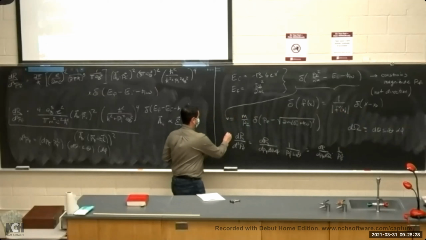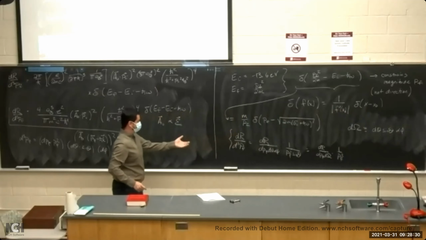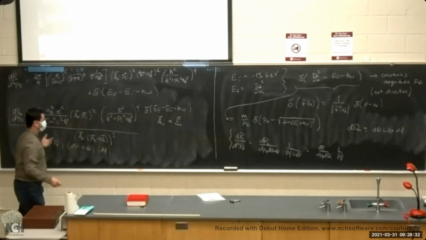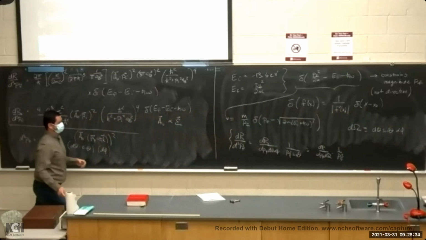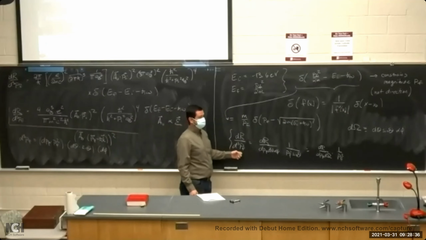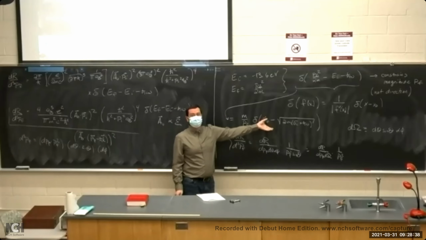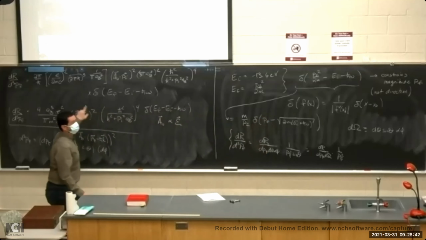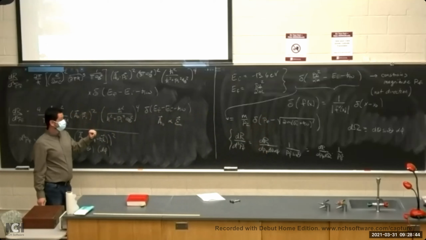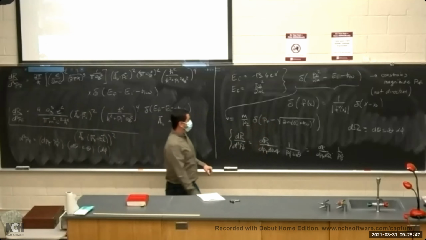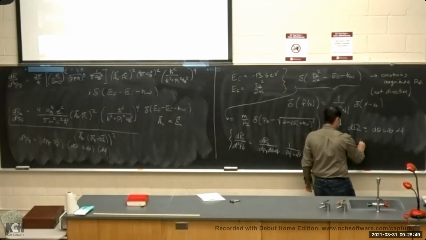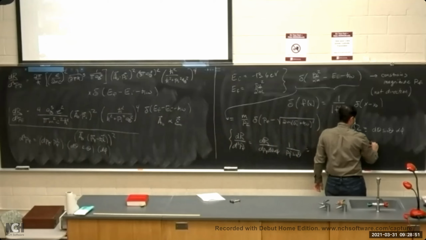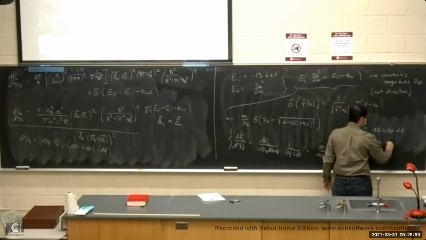So what I'd like to do is take this differential rate and integrate over the delta function. The rate is 0 unless the magnitude of the momentum is equal to what it must be by energy conservation. But the direction is controlled entirely by the quantum mechanical calculation. So let's take this and integrate over the magnitude P final using the delta function.